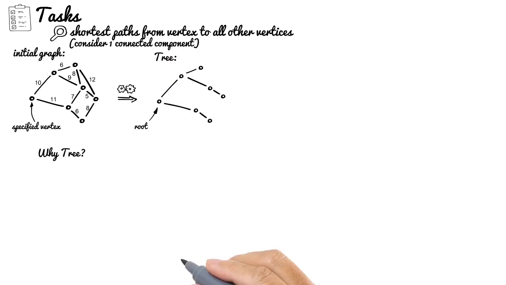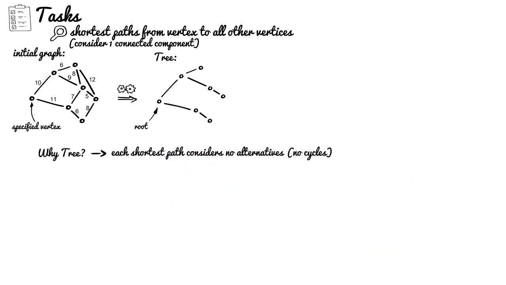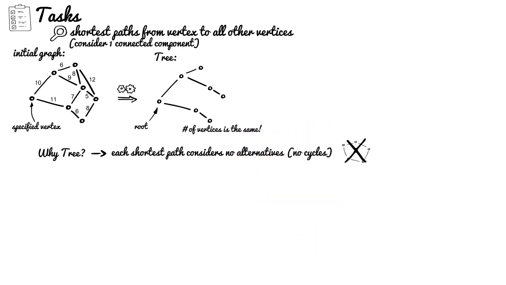Why tree? Because each shortest path considers no other alternatives, meaning no cycles. So graph could be transformed into such a tree by removing some edges which formed cycles in a graph previously. Note that number of vertices is the same before and after graph transformation into such a tree.